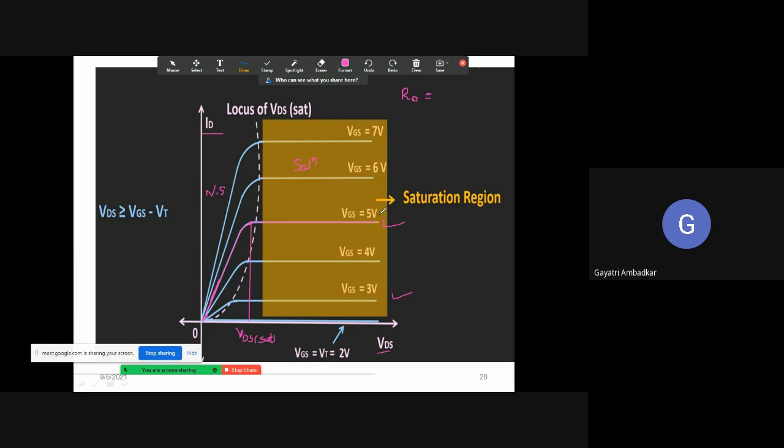What is resistance? It is the ratio of V to I. So if I want to define the output resistance of a MOSFET from these characteristics, which voltage and which current shall I consider in this ratio? VDS and ID. Very good, Pejal.